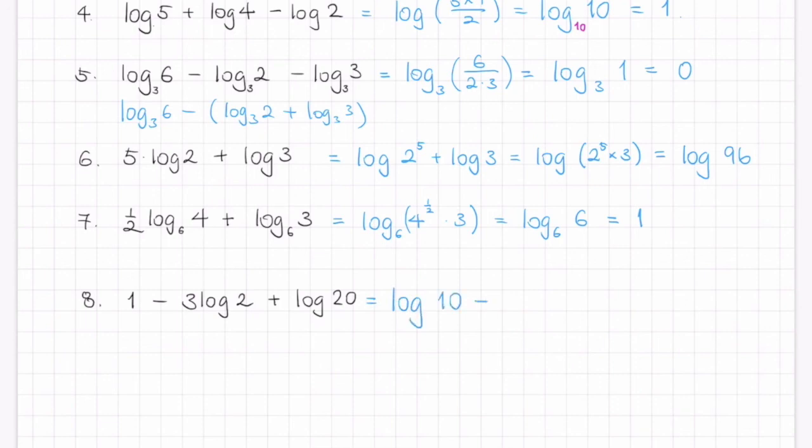And the second expression, 3 log base 10 of 2, is going to be log base 10 of 2 cubed plus log base 10 of 20. So it's going to be log base 10 of 10 divided by 8 times 20.